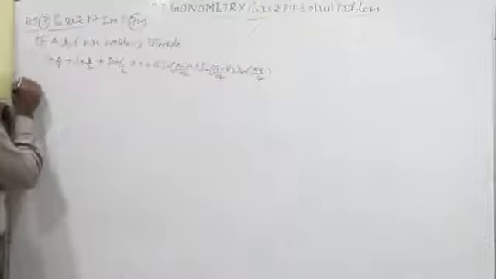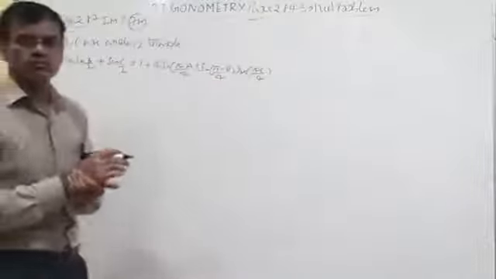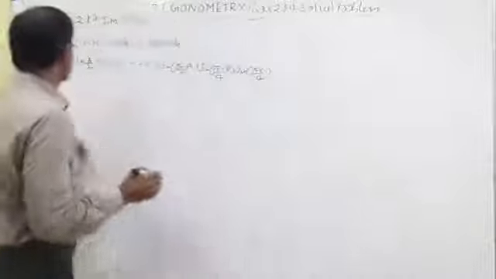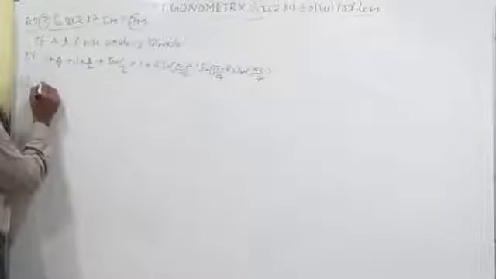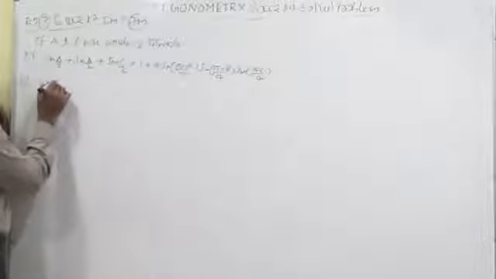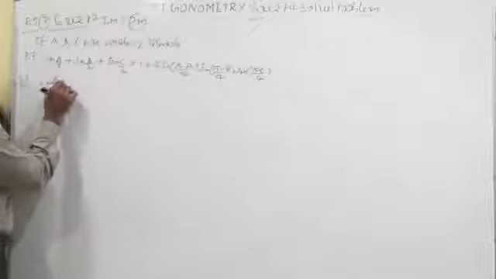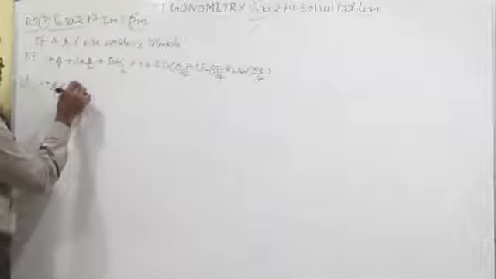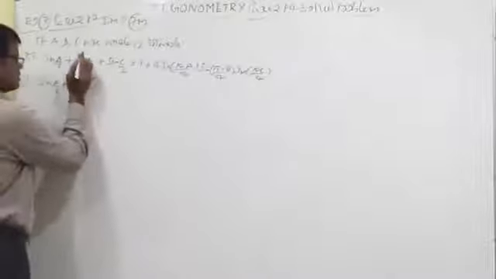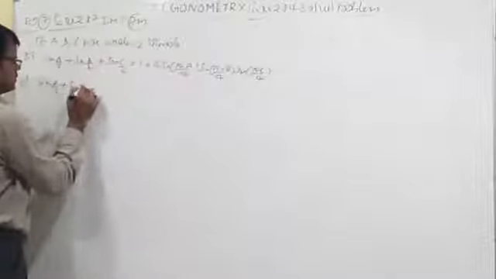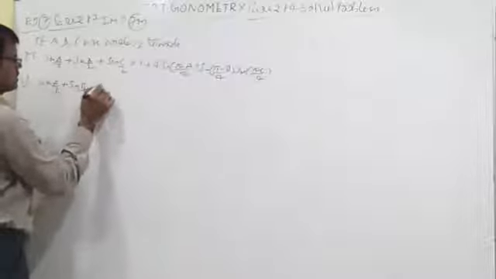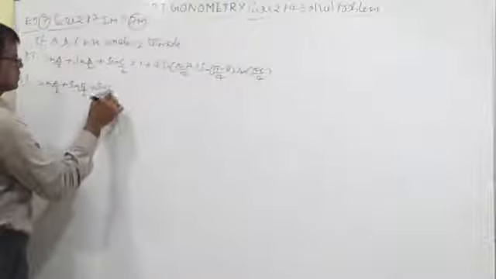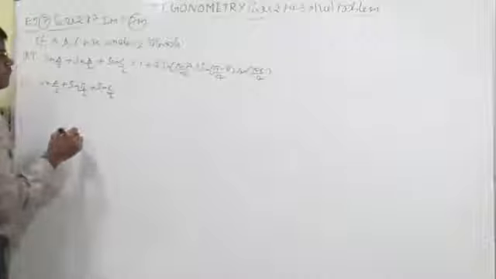Given A, B, C are angles of a triangle, take the LHS here. Take care while doing this sum, because this is a separate model. LHS is sin A by 2 plus sin B by 2 plus sin C by 2.